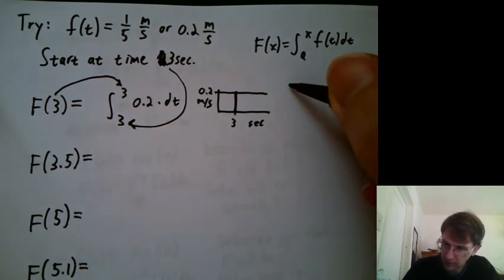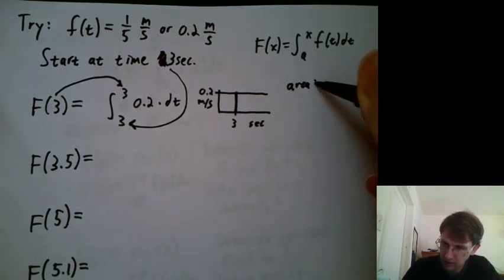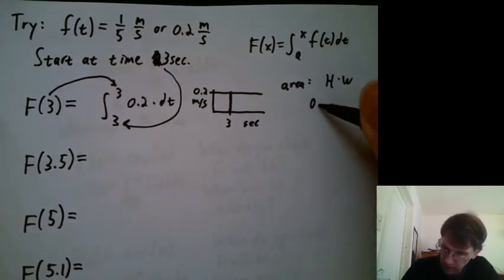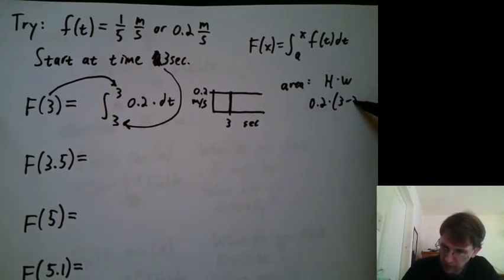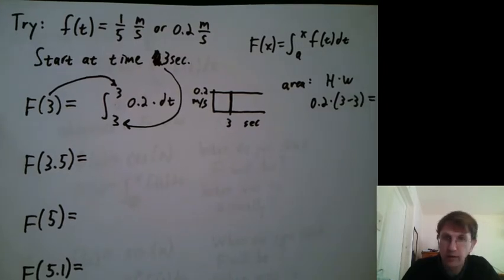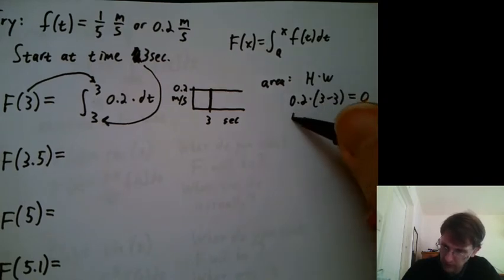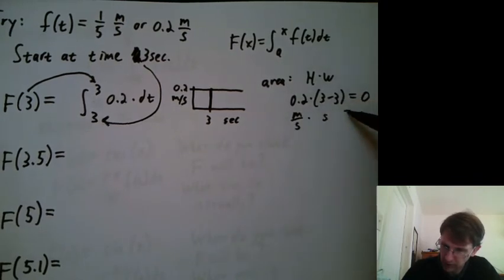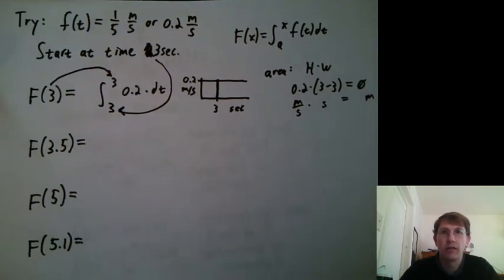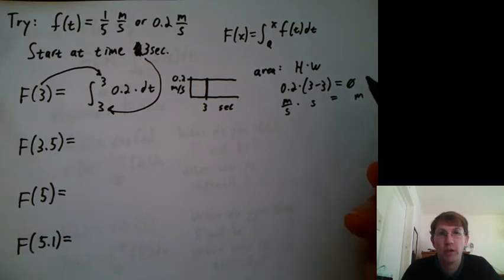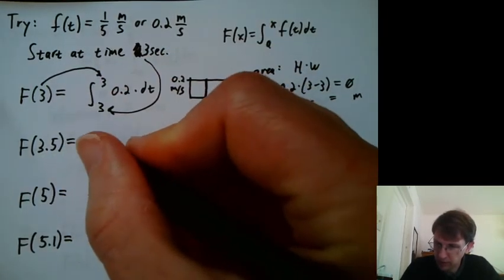So the area would be the height times the width, which would be 0.2 times (3 minus 3), which is 0. And what do the units work out to? It's meters per second times seconds, so it would be meters. So if we start at time 3 and stop at time 3, how far have we gone? 0 meters. Let's do it again for 3.5.